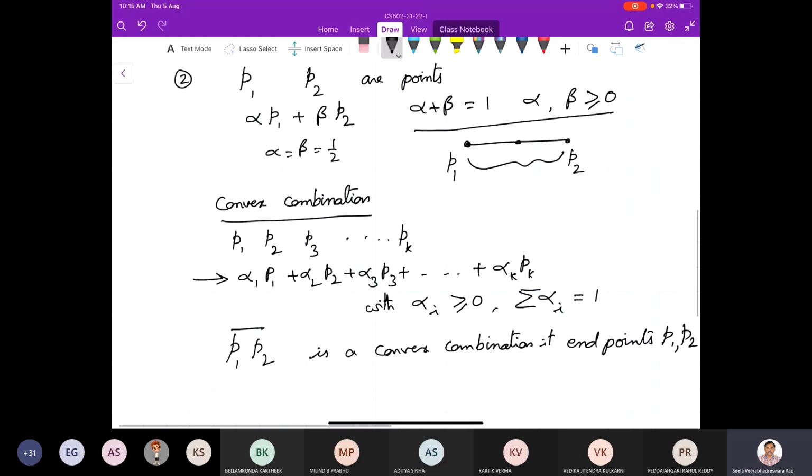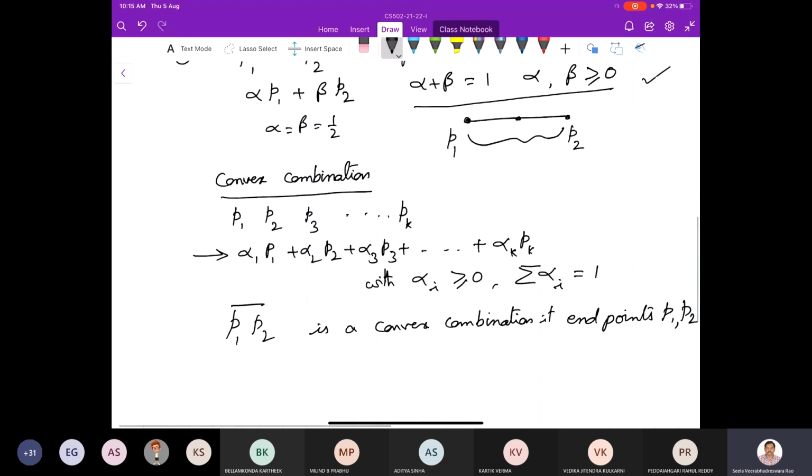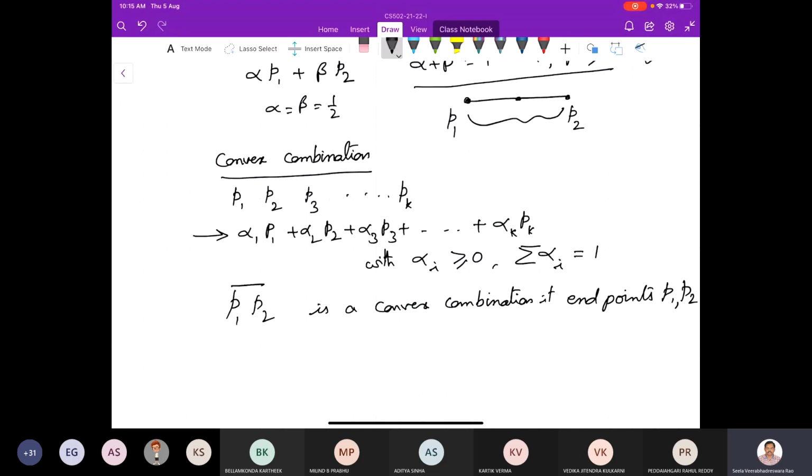So that's what we did earlier actually, this definition 2 here. And similarly, if you take a triangle formed by 3 points, it is a convex combination of the points P1, P2, P3.